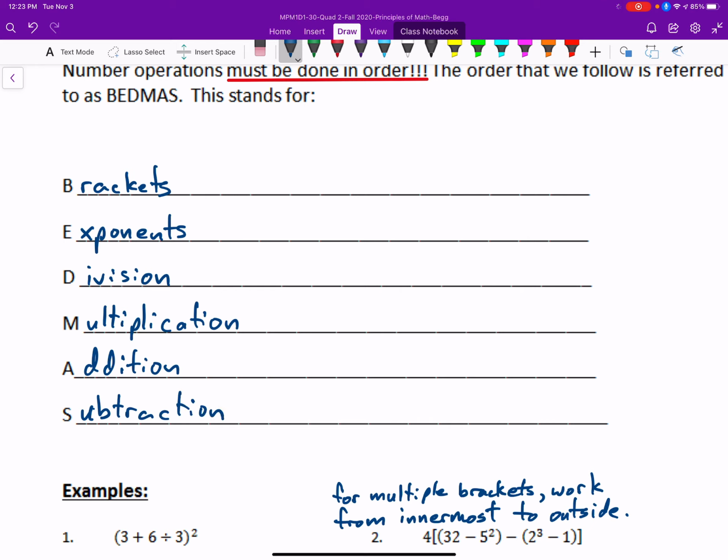Not least as in unimportant, but they're certainly last, and they're the ones that come after we've dealt with all the other ones. So if you got a question, if you see brackets, you start with them, and all that means is do what is inside the brackets first.